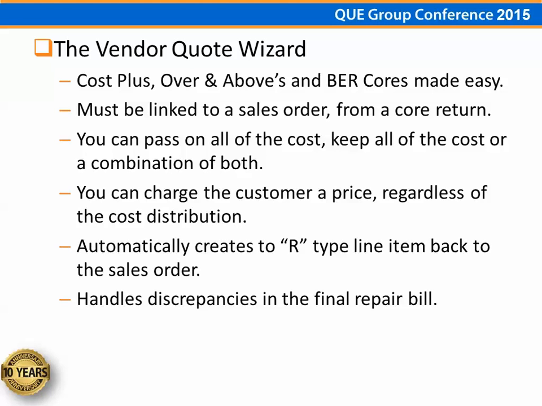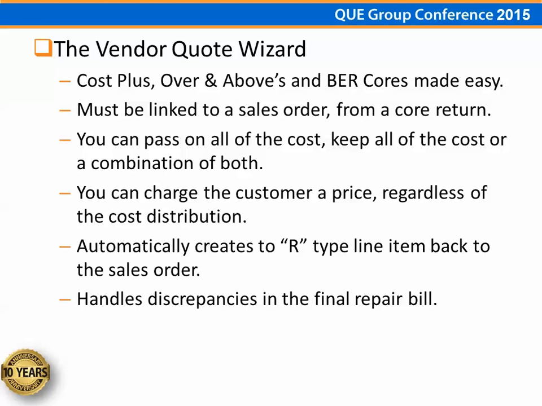Or if you want to charge them for the repair and you decide not to repair your unit, you can pass on the cost of an eval fee, but charge them the repair price and then repair your unit later on. What the vendor quote wizard also does, once you set this all up, is automatically create an R-type line item on your sales order. And what this does, like I said, it's a non-stock item.